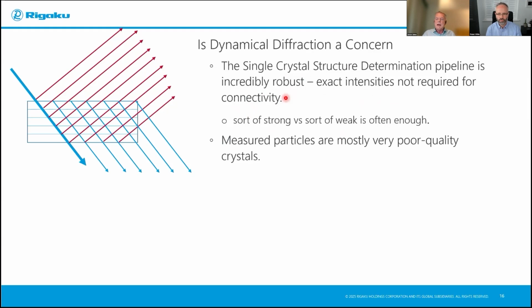Having said that, if you're going into doing absolute structure, or you want to place hydrogens and protons very, very accurately, then you do need to go through a dynamical pipeline. And in CrysAlisPro, we've enabled two different dynamical pipelines, so that if you have to do that, then we have all the support to do the dynamical corrections and dynamical modeling, for example, on absolute structure determination. But for most of the screening and work that we do, it really doesn't matter one way or the other.